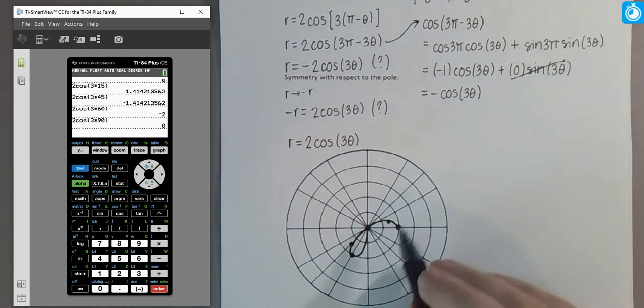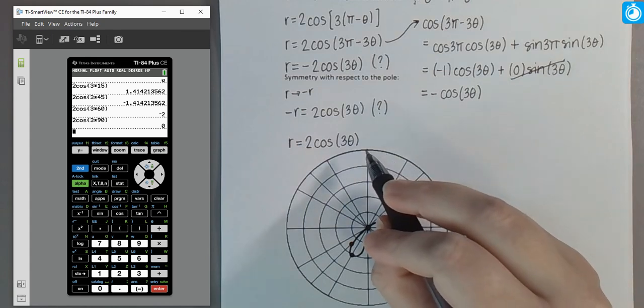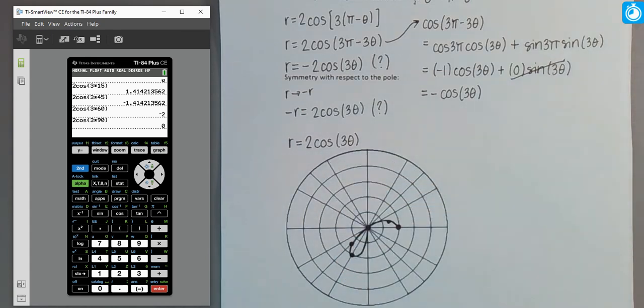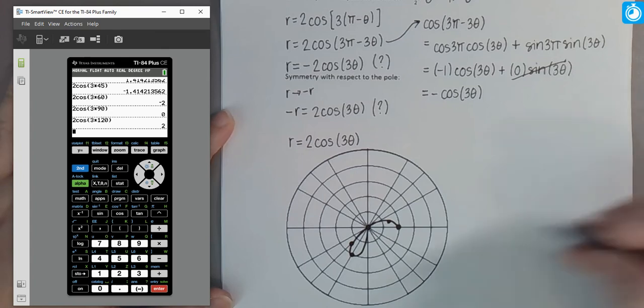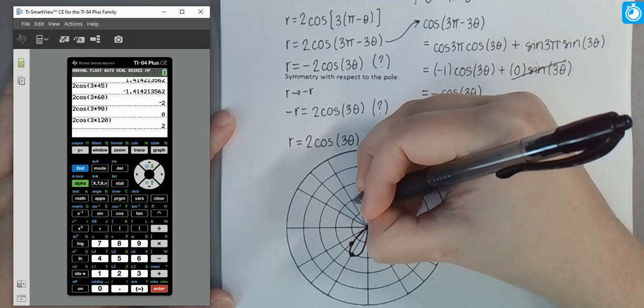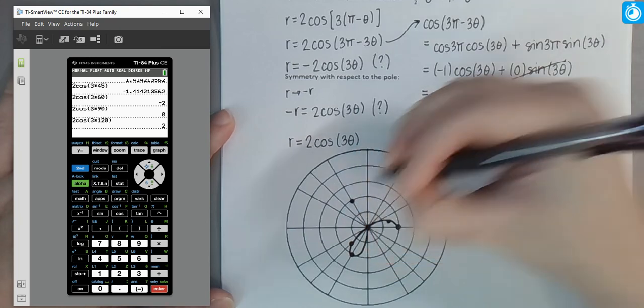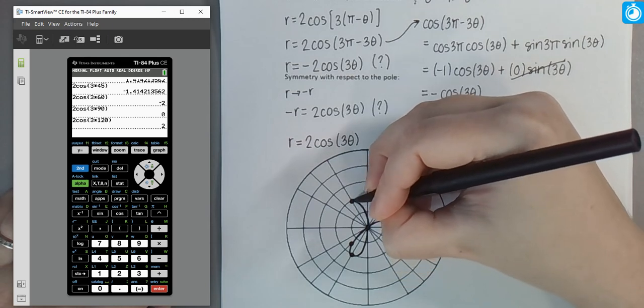Okay, so where are we? We've graphed all over the place, but in terms of rotation, theta is at 90 degrees. Now we take theta to 120. So 2 times the cosine of 3 times 120 degrees takes us to 2. So at 120 degrees, we're at 2.